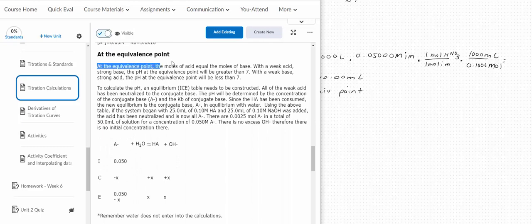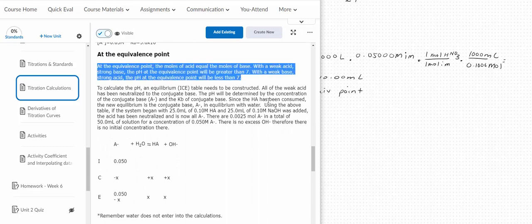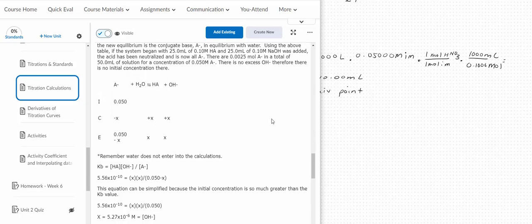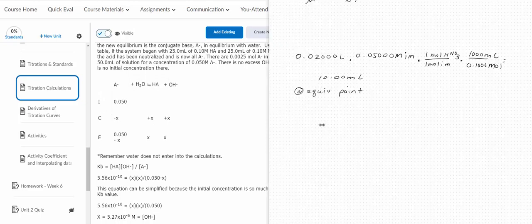So we are at the equivalence point. So I'm going to go here. So the moles of the acid equal the moles of the base. Okay. So I need to set up the equation. What's happening here is the imidazole is reacting with the strong acid, and it is all going to protonated imidazole. Okay, we have none here and it's all here.